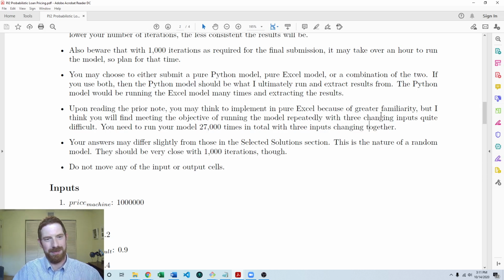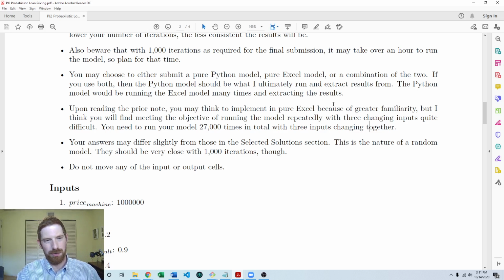And so if you really are struggling with Python and you just want to do as much as possible with Excel, that's fine. I would recommend building out the base model that gets you an IRR from the given inputs, and then using Python to run the iterations side of this, because it's really probably not going to be more than like 10 lines of code in Python to do that part of it.